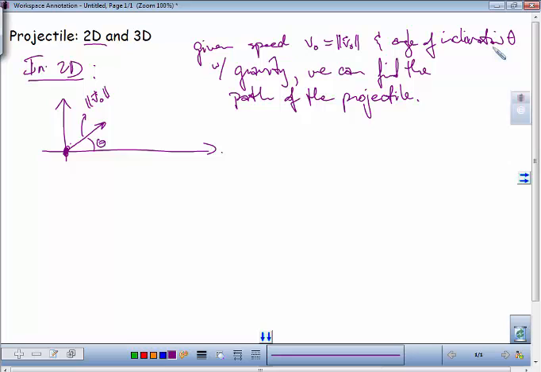So we start by identifying the gravity, and let's say the gravity is 9.8 meters per second squared. They just use s for seconds, right?